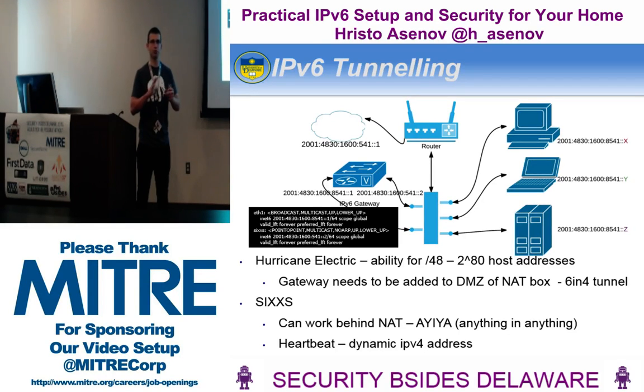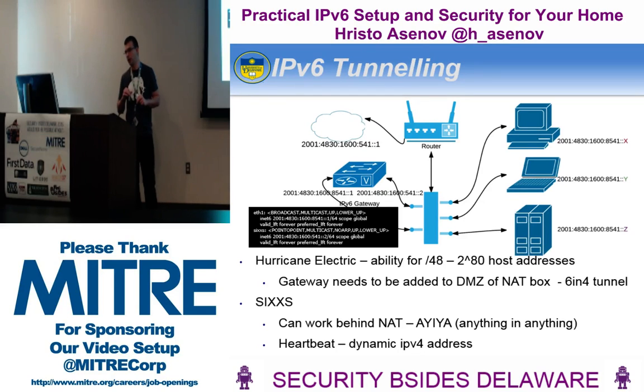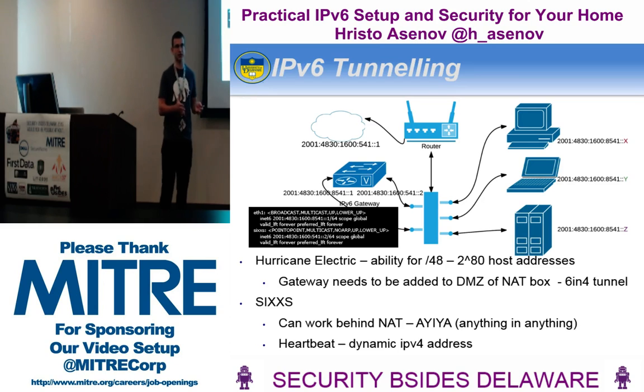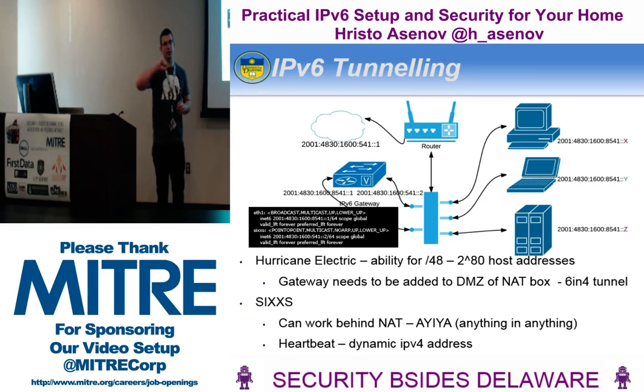So you don't need to put anything in DMZ, and it dials out to your point of presence, to your POP. And it also has a heartbeating technique where if you have a dynamic IPv4 address from your ISP that changes constantly, this heartbeat will update that address remotely so that it always keeps track of where you are.